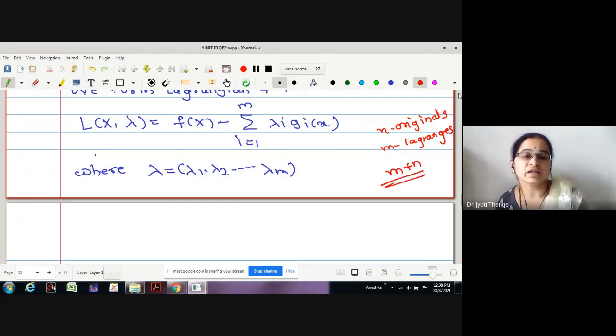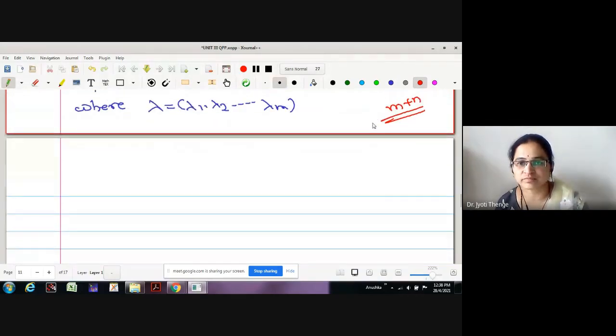Therefore, now the necessary conditions are constructed by differentiating this L with respect to each variable. So, there are in all m plus n equations. Right?